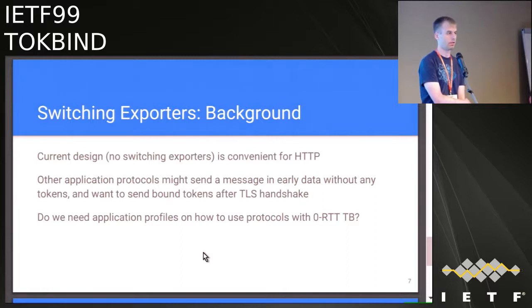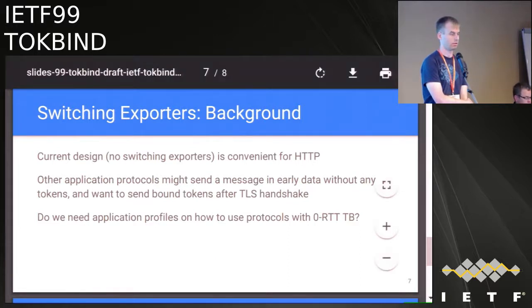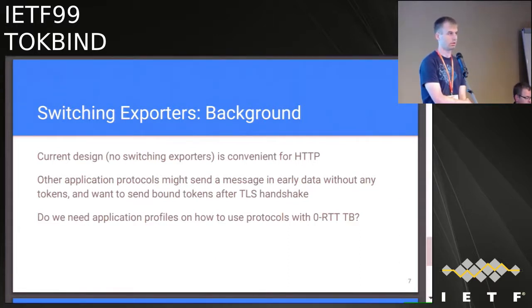And say that protocols that want to use token binding, not only do they have to specify the use of token binding within that protocol, but they also have to have a separate carve-out for 0RTT if they want to use 0RTT. And you should explicitly have, for HTTP, here are the rules, and here are the things you have to think about.